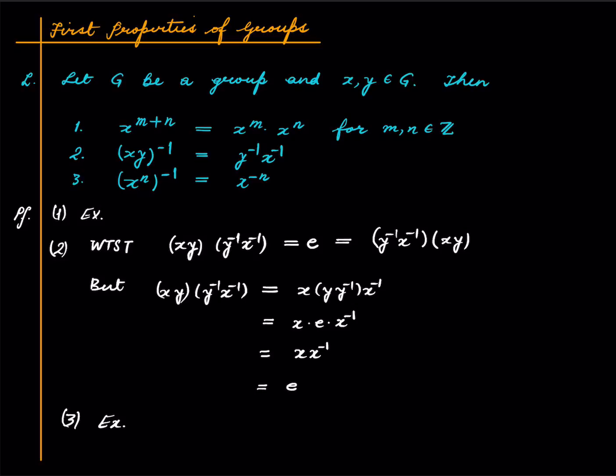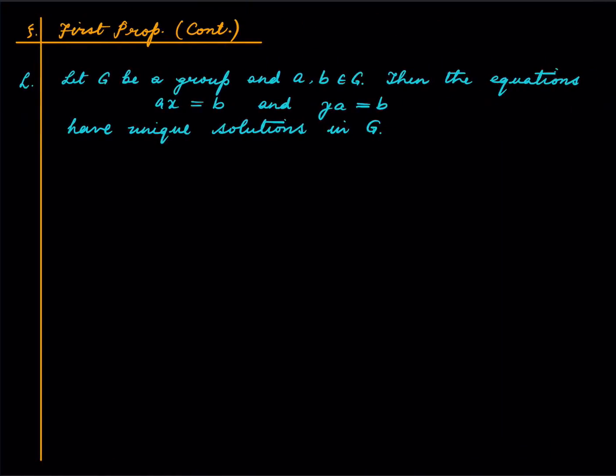So these are some basic properties, and then lastly we have some more very simple properties. Again, G be a group, and let a and b be two elements. Then this equation and that equation have a unique solution in the group, meaning there is a unique x in the group which satisfies this equation, and there is a unique y in the group which satisfies that equation.